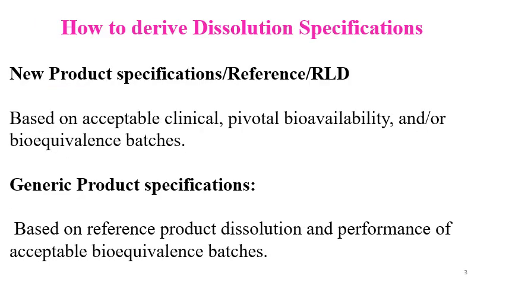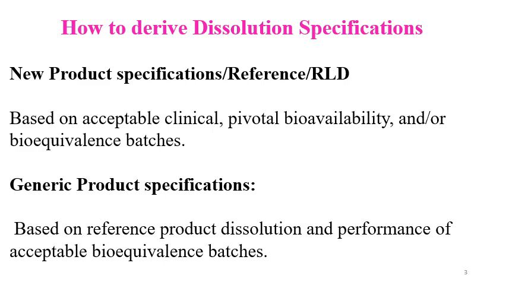Coming to deriving dissolution specifications, if you are working on a new product, a novel formulation or an innovative formulation, then considering the clinical batches data, pivotal bioequivalence data and pivotal bioavailability data of the batches, you can derive the new product dissolution specifications.